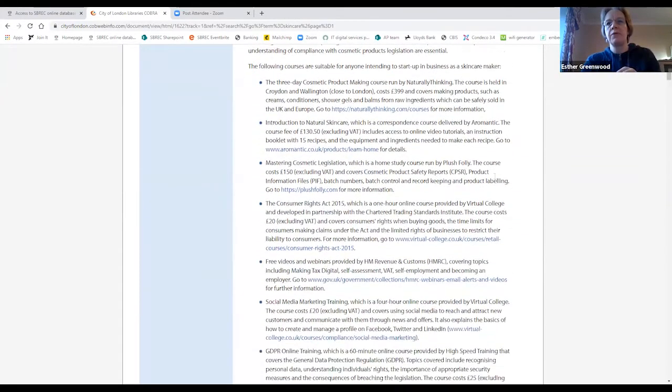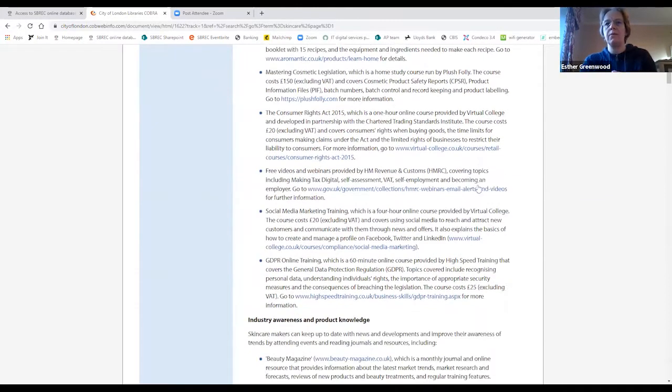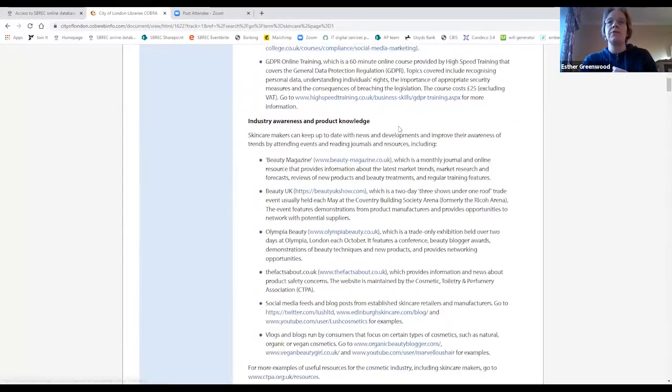First of all, we've got the courses that might be helpful to you. Again, we've got some websites and magazines, things like beauty magazines. That's one of the biggest magazines going, to help you keep up to date with what's going on. And in there, they do cover the changes in rules as well.